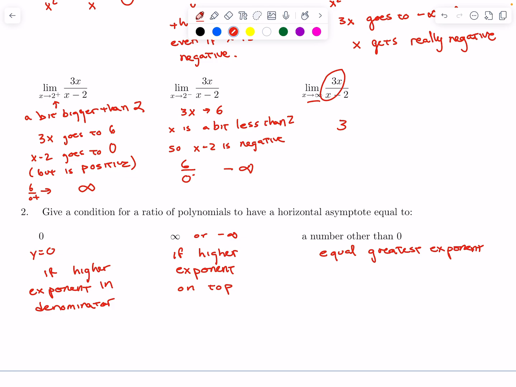If we want a number besides 0, for instance, the last problem we just did, you want to look at the highest exponent being equal, and then you look at the ratio of the highest coefficients.